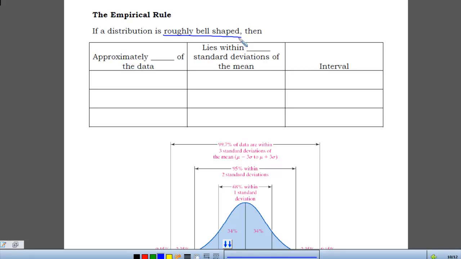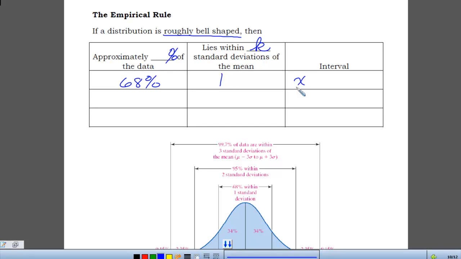It tells us the percentage of data that falls within so many standard deviations. We'll say within K standard deviations, blank percent. Approximately 68% of our data lies within 1 standard deviation of the mean.